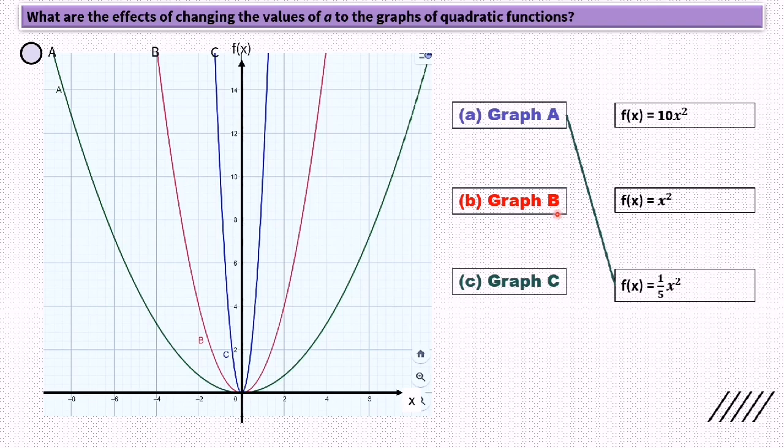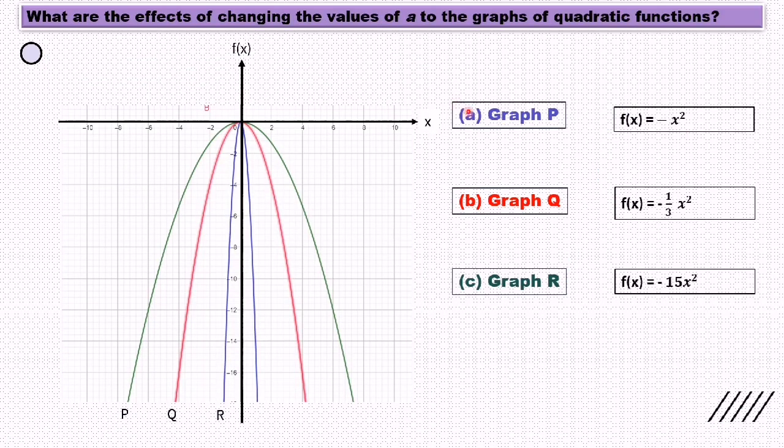For graph B, here a is 1 and this one a is 10. So for graph B, the value of a is smaller than the value of a of graph C. So graph B is f(x) equals x squared and for graph C, the function is f(x) equals 10x squared.